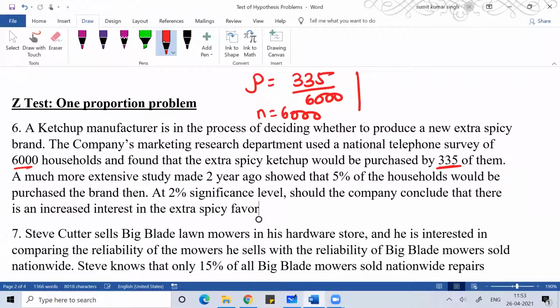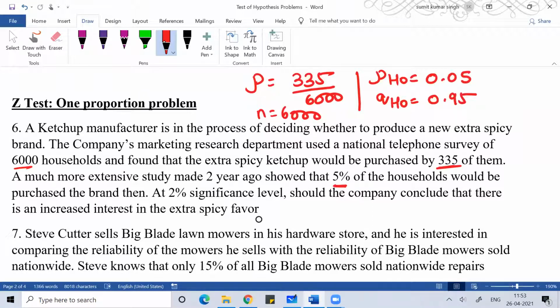Then a much more extensive study made 2 years ago shows that 5% of households would have purchased the brand then. So P H naught would be 5%. If P H naught is 5%, then Q H naught would be 0.95, or 95%.